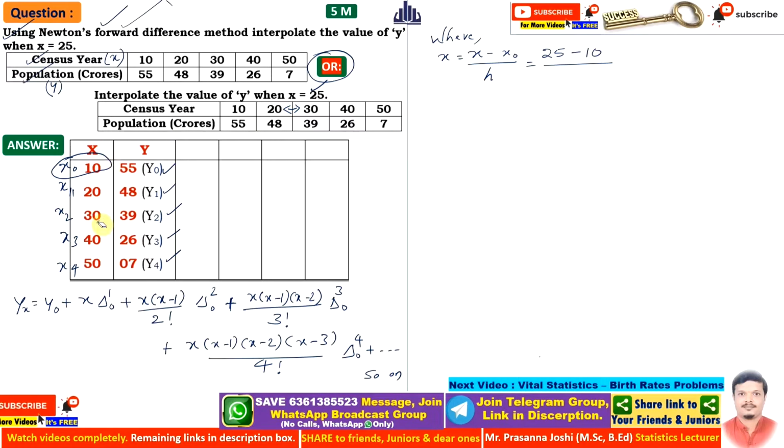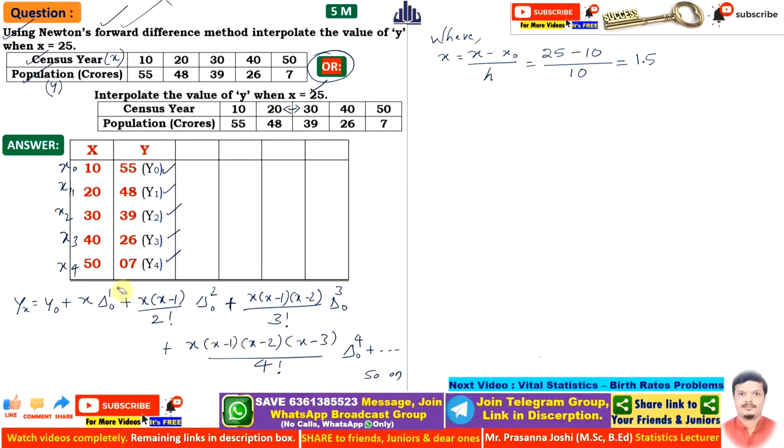H is nothing but the common difference these x values are having. 10, 20, 30, 40, 50 is given. That's why 10 is the common difference. H value is 10. When you perform this, 25 minus 10 divided by 10, you are going to get 1.5.